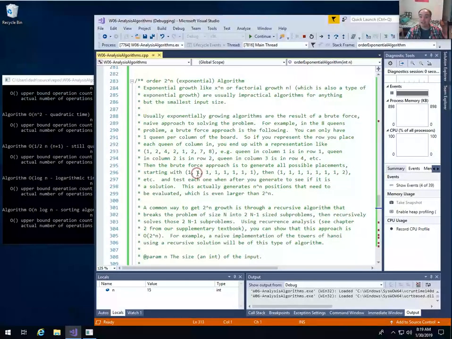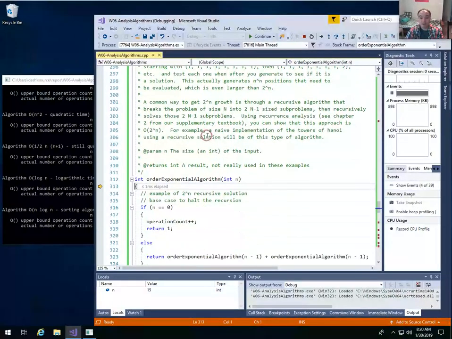It's not 2 to the n, it's n to the power of n. But that's again an example of an exponential algorithm, because you're going to have to go through 8 raised to the power of 8 possible board positions to find all of the valid ones where the 8 queens are not attacking each other, right? Which is what the problem here is about, right?